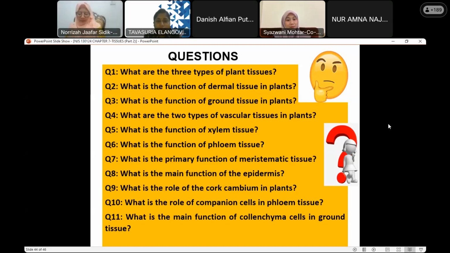So next, what is the role of cork cambium in plants? Where does it produce? The location of the cork cambium.